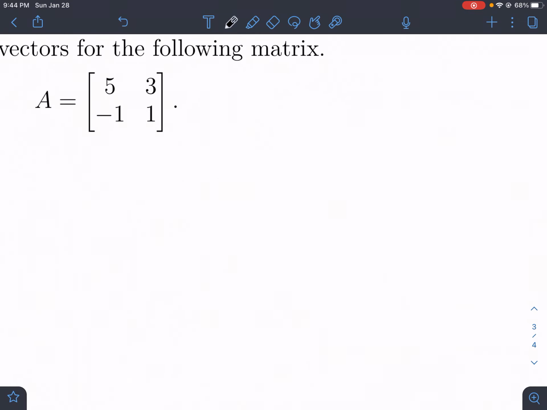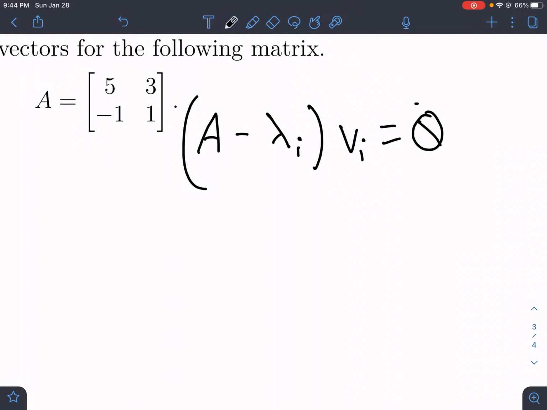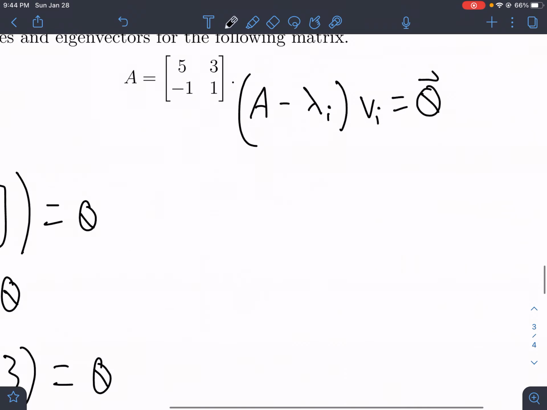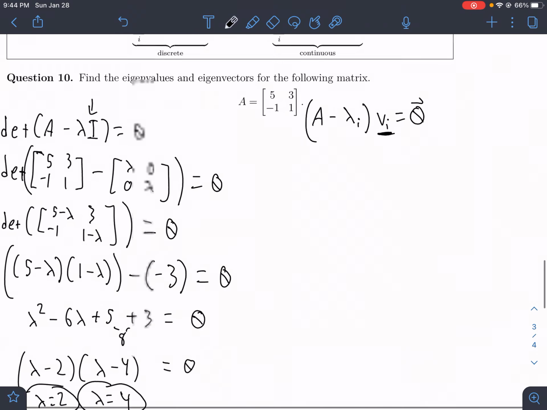Eigenvectors, the way you find them is you take A times, or no, I believe it's A minus lambda I times V sub i equals the 0 vector. And so you're solving, in this case, for V sub i.